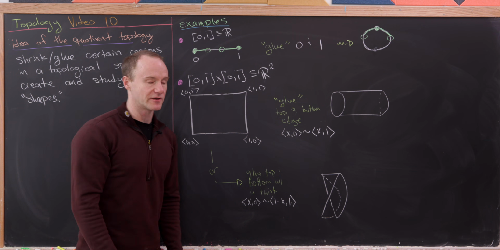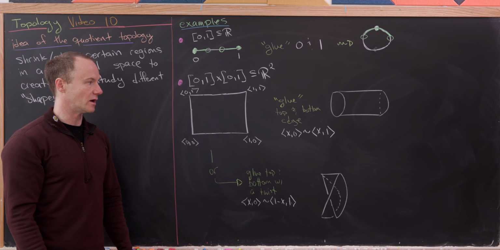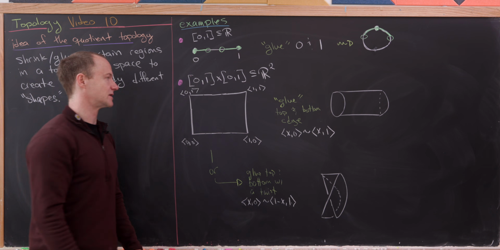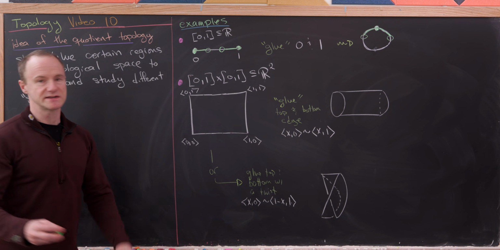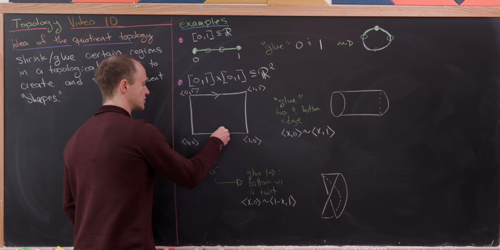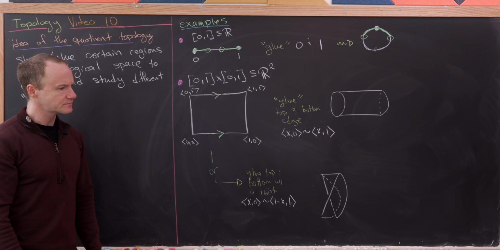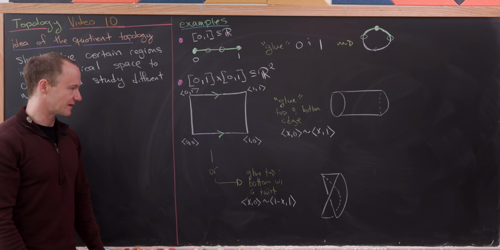So put all together, that means that we're gluing the point x, 0 to the point x, 1. I think that pretty clearly makes a cylinder. And we could show this orientation preserving gluing by putting two arrows right here, just to say that we're gluing it in that direction, if you will. And I should say that that's a standard way of writing that.